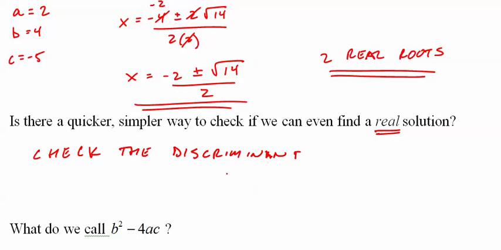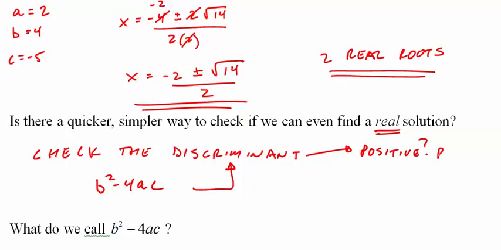And again, the discriminant is b squared minus 4ac. Positive, real. And let's write that out properly. 2 real.